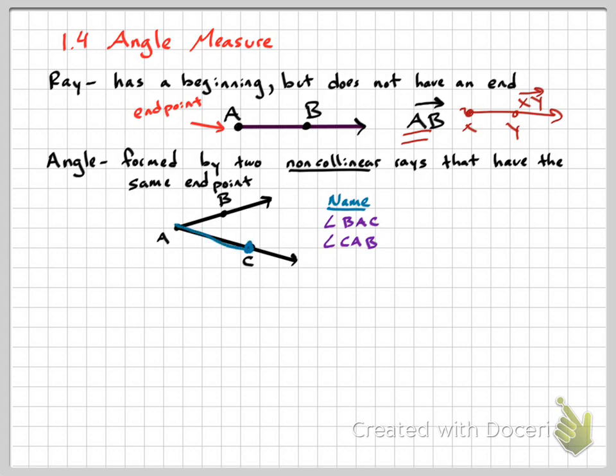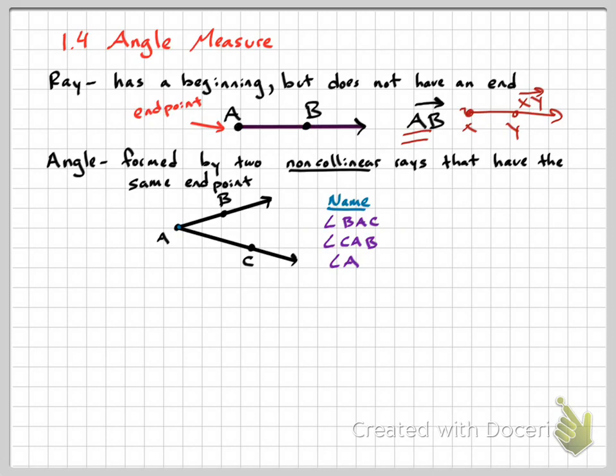Start at C, go into A, go back out to B. Notice it's still describing the same path, it just has a different starting point. Now if there's only one angle, so in this case there's only one angle, if I drew another ray in, there'd be more angles. But if there's only one angle, you can also name it using its vertex, angle A. So that middle point right here.